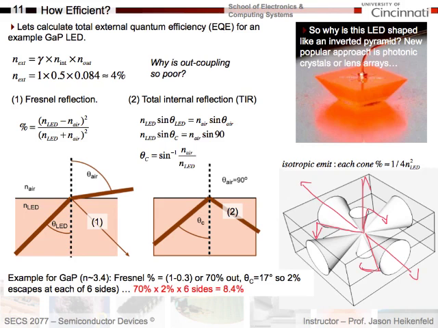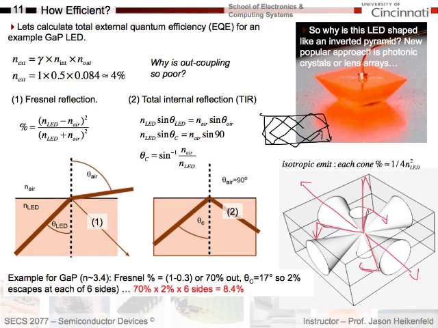So the question is, for this LED-shaped inverted pyramid, why are they doing this? Why didn't they keep it a box like this? Well, the reason why is that if I have a box-type geometry, if light is stuck within the critical angle, it will just keep bouncing around and be stuck inside the LED. It won't be able to escape.